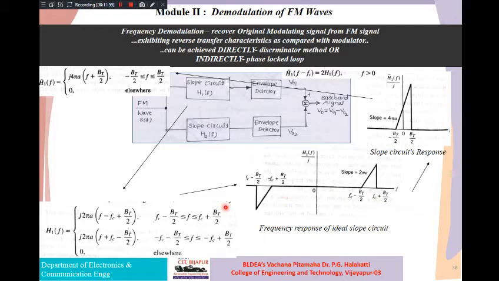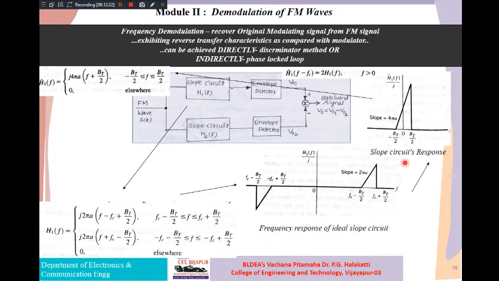Their respective frequency ranges and their corresponding values are shown in this equation. The main thing you have to see here is that its transfer characteristics show that except at these ranges, the remaining places will have 0 values. There are no frequency components as such.